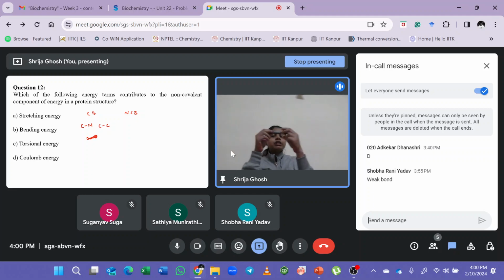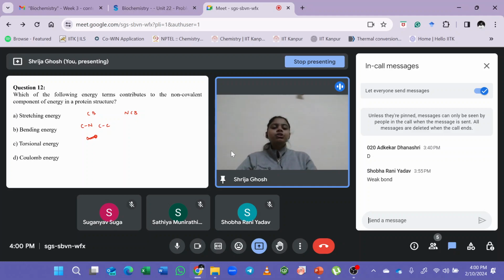So it can stretch, so it will have a stretching frequency. It can bend, so it will have a bending frequency also. You can bend your spring, you can stretch your spring. So the stretching energy and bending energy are covalent bond energies.